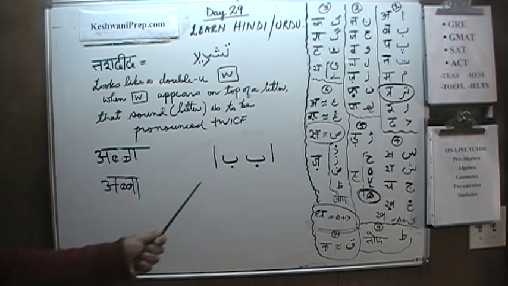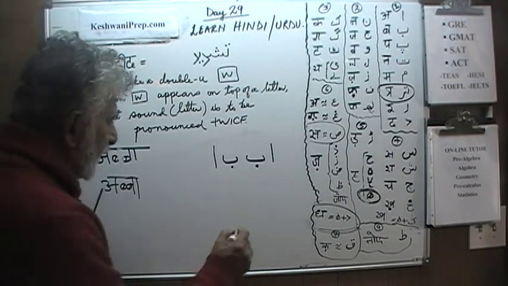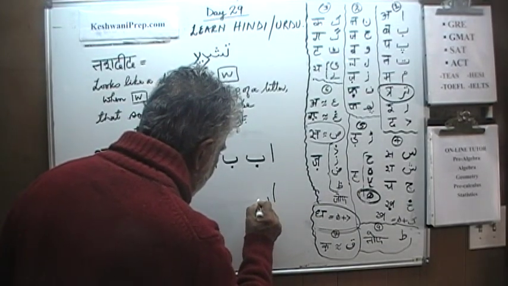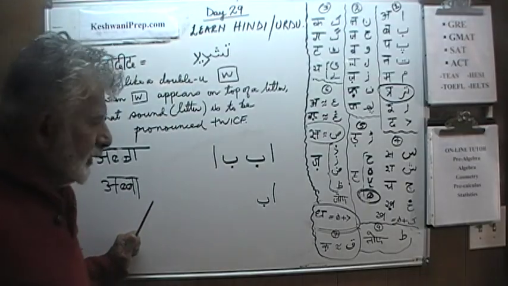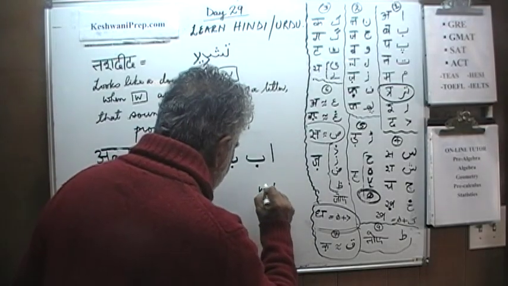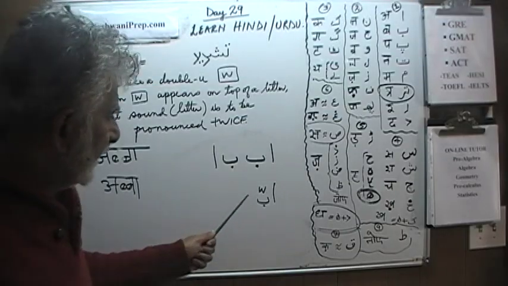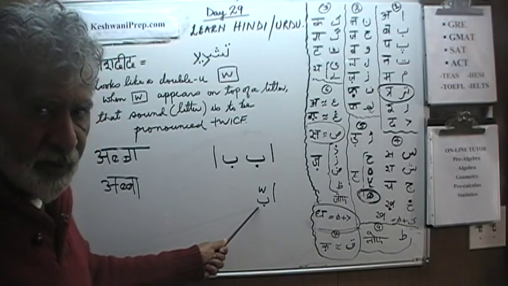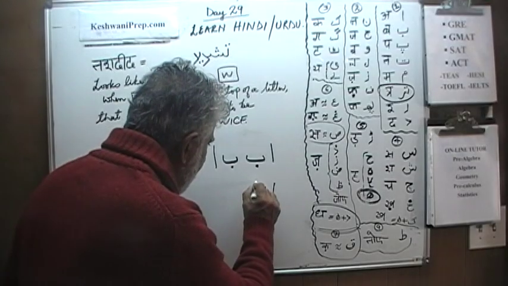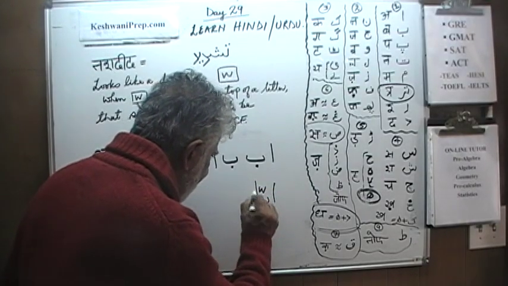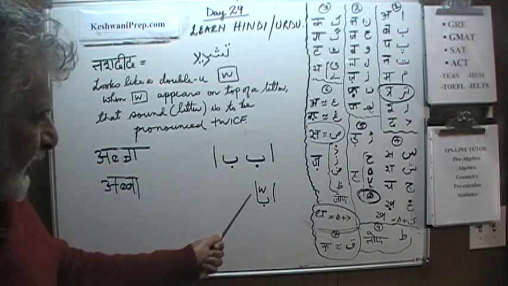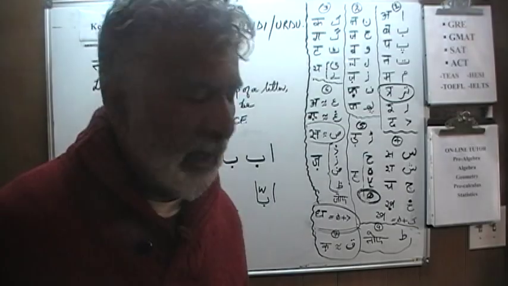In Urdu, we are going to take our alif, then a ba. Then we put a symbol on top of it that tells me I have to pronounce this letter twice. So this letter b is to be pronounced a second time, along with the other letter that comes next to it, which in this case happens to be alif. That's how we write Abba.